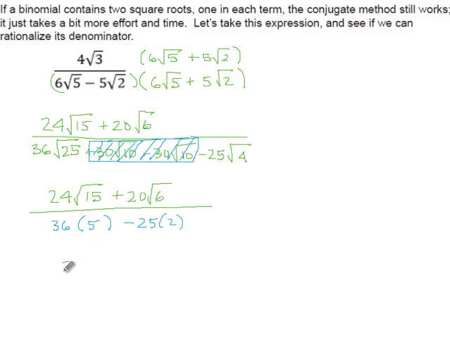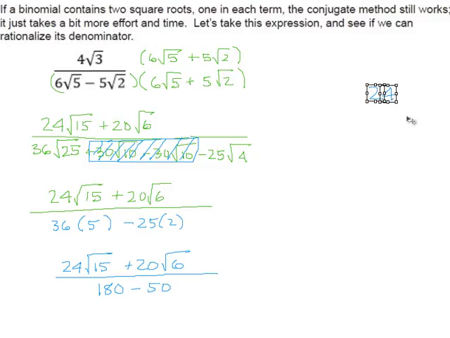So this is going to clean up to 24 root 15 plus 20 root 6 over 180 minus 50, which is, we're just reducing fractions now, and I'm going to run out of space if I start way over there. 24 root 15 plus 20 root 6 over 130.